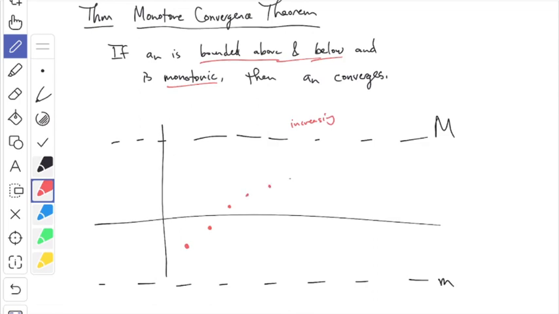I'm here to tell you, folks, this has to converge, right? Because it has to go up every time, and it can never exceed that big M. That means it must, at some point, stabilize, right? You can't go back down. This must converge.